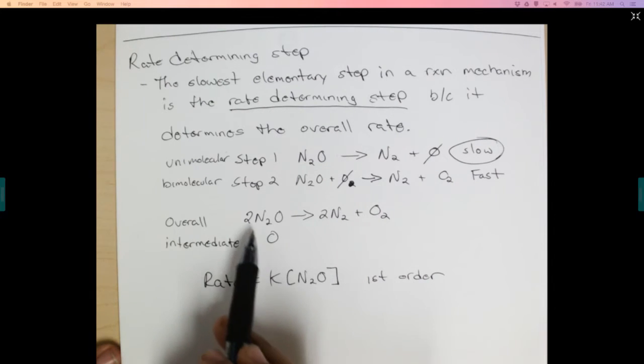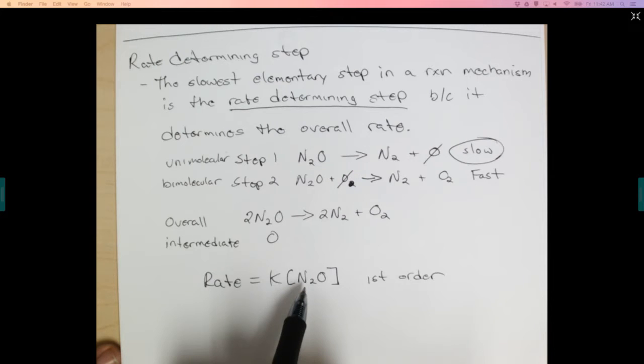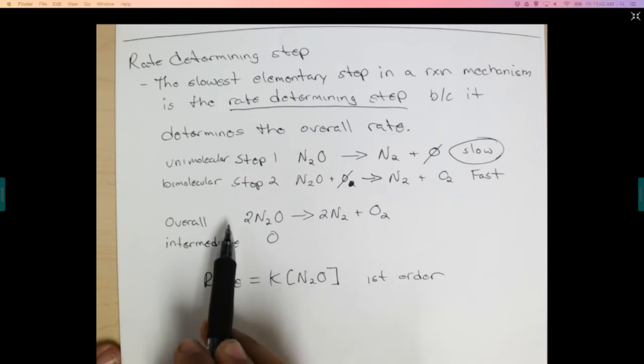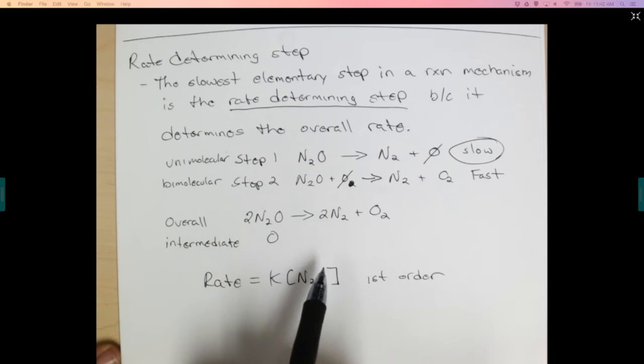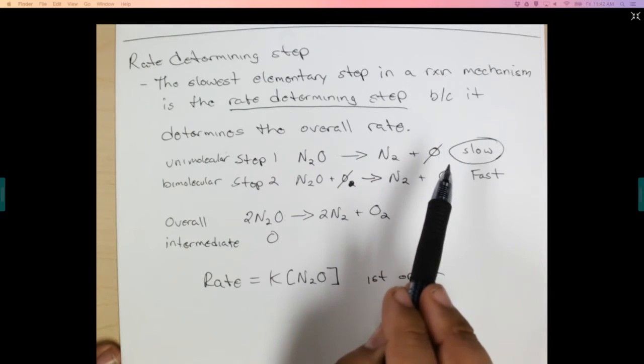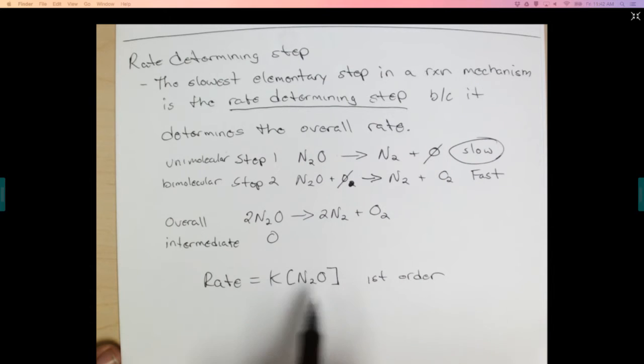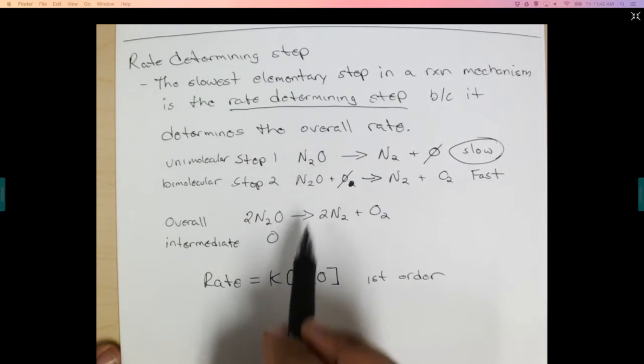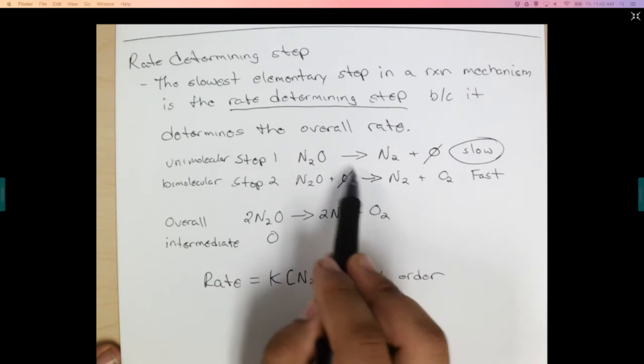Now, someone might ask, well, what about this 2 here? Remember, stoichiometry does not tell you the rate law for an overall reaction. You can only determine a rate law from an elementary step. And the slow elementary step is what dictates the rate. So the rate here is equal to k times N2O, realizing that there are 2 k's here.